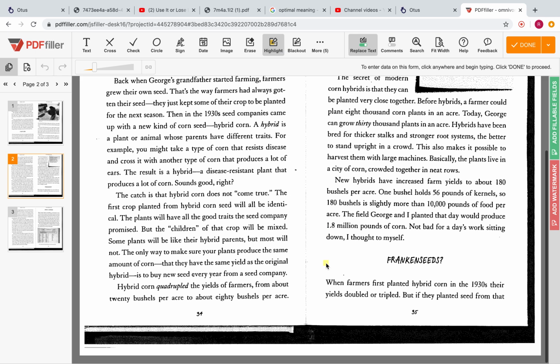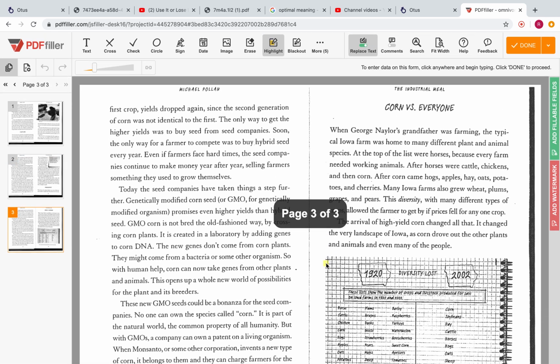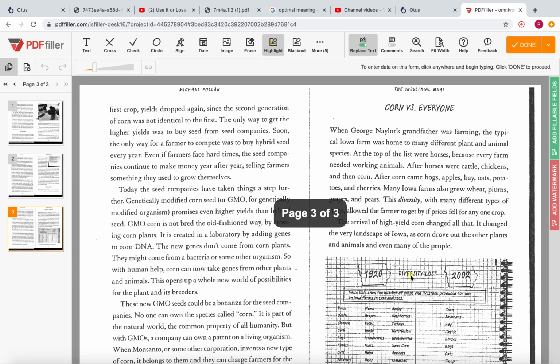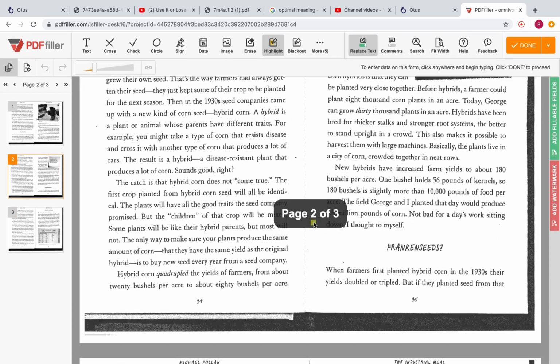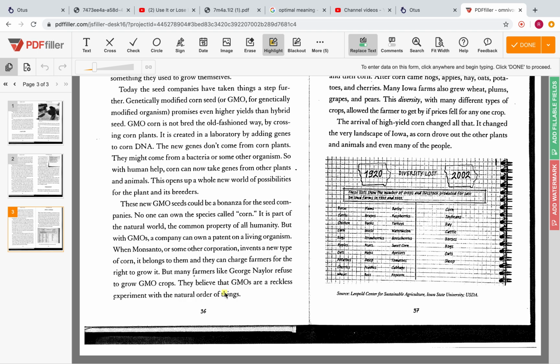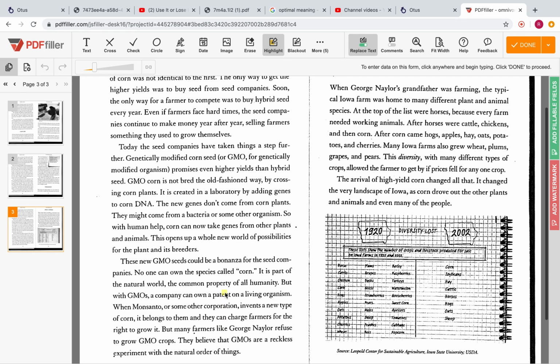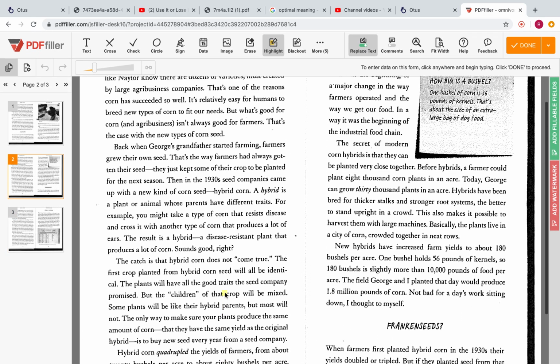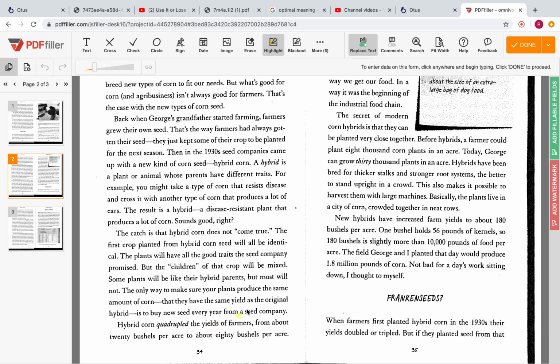For your classwork for today, you are going to read from Frankenseeds, that whole section at the bottom of page 35 all the way to the bottom of page 36, and you're going to determine the author's purpose. And once again, I want you to pay close attention to certain phrases that are used, the way the author presents certain information to determine what the purpose is.